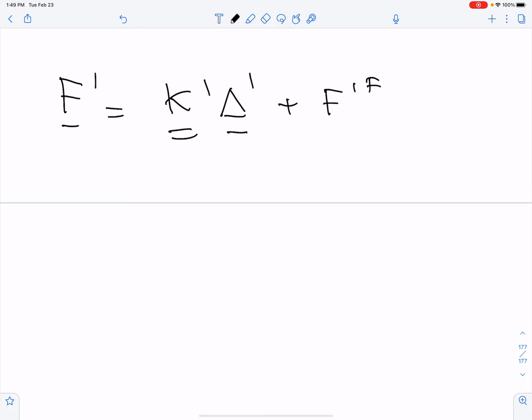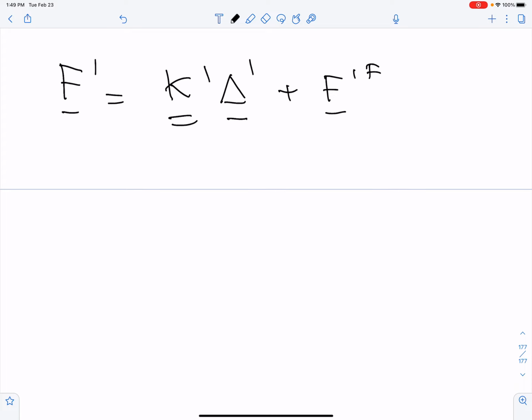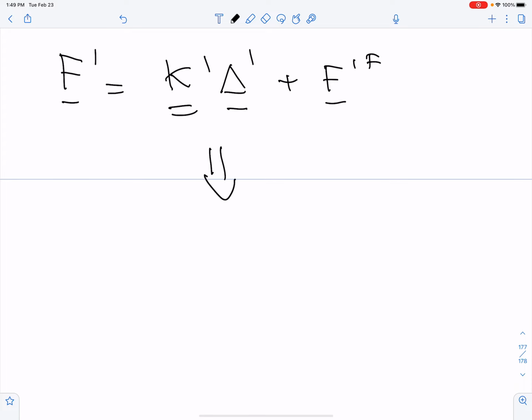And so at the element level, all you need to do is take your F prime, and have the term that you had before, right? F prime equals K prime delta prime. And all you need to do is basically come up with a vector F prime F that you can add to your system, okay? And so then from there, you're going to go to the global coordinate system, okay?